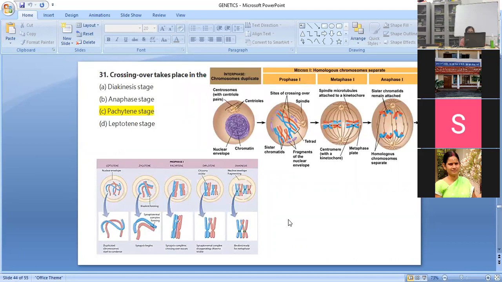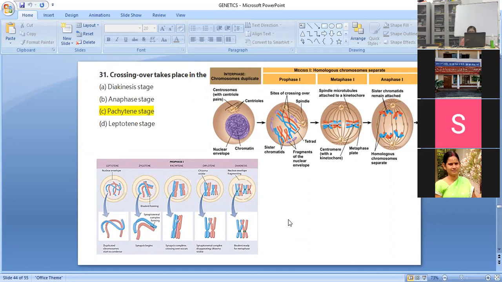Now crossing over takes place in a specific phase. We can give options like mitosis, meiosis, prophase 1, prophase 2. Or we can also mention the specific phase in which it takes place: diakinesis, anaphase, pachytene, leptotene.